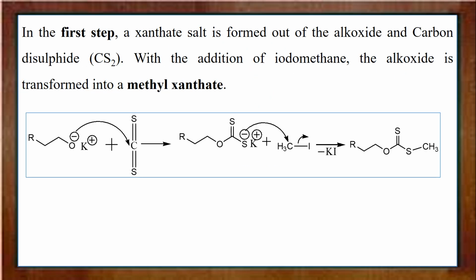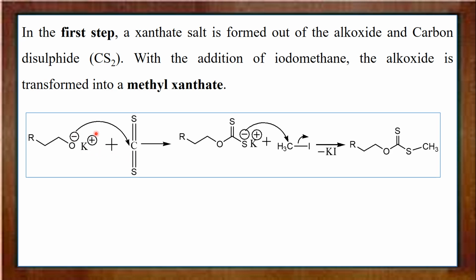Chugaev elimination involves two steps. In the first step, the alcohol is converted to its corresponding alkoxide by treatment with a base, and this alkoxide is then treated with carbon disulfide. O minus attacks the carbon connected to sulfur by a double bond.